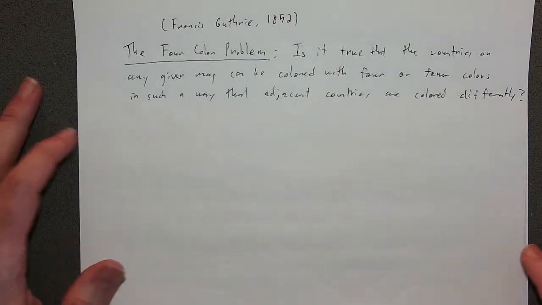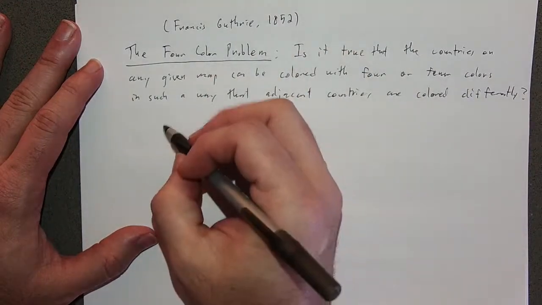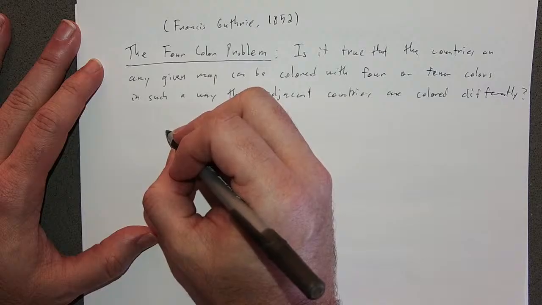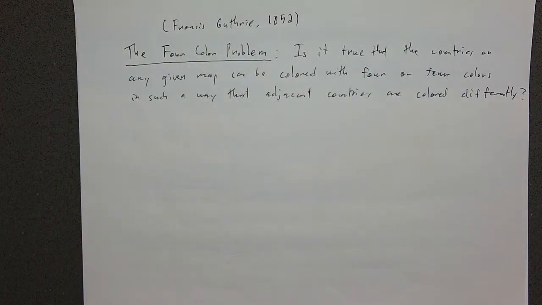So maybe I should ask first of all, why are we even considering this problem? I've maybe done a bad job of hiding the surprise here, since we just talked about colorings. You might imagine that because of that, it's maybe not so shocking that graph theory has something to do with this.